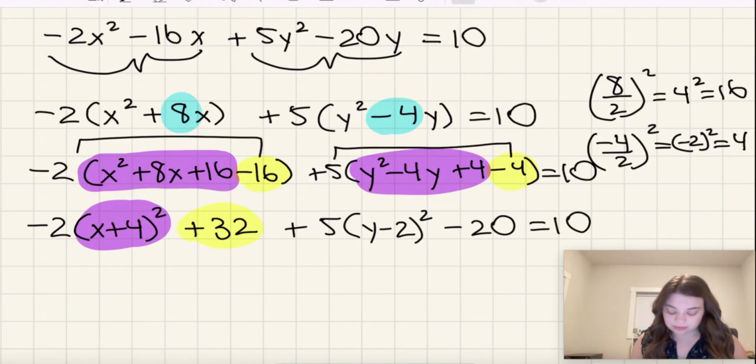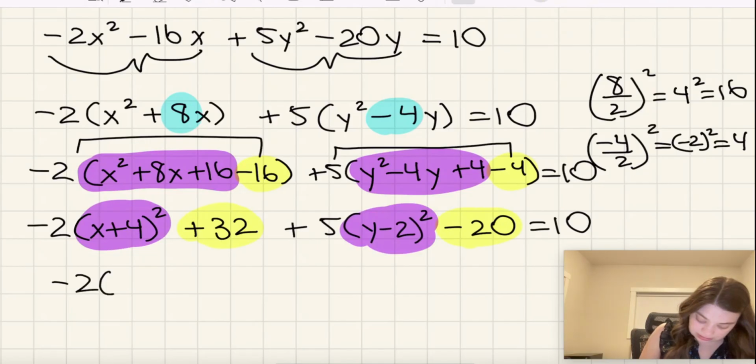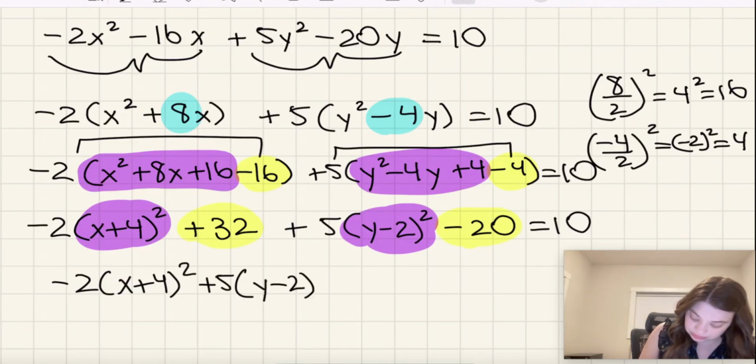Okay, so actually I have some good news, which is that all we really have to do now at this point is collect up some like terms and figure it out, and then that's pretty much it. So here we're going to have -2 times x plus 4 squared plus 5 times y minus 2 squared.